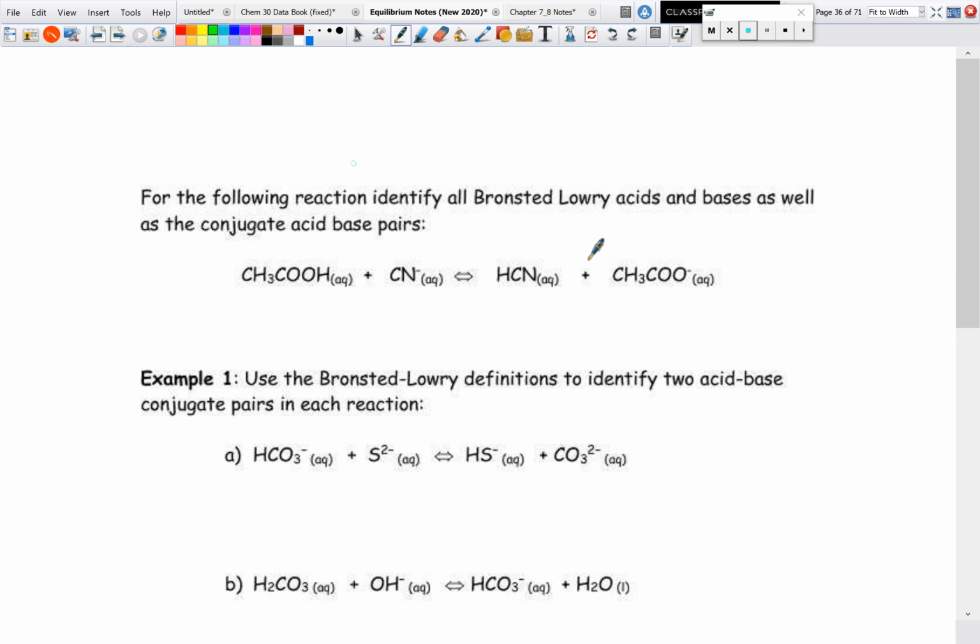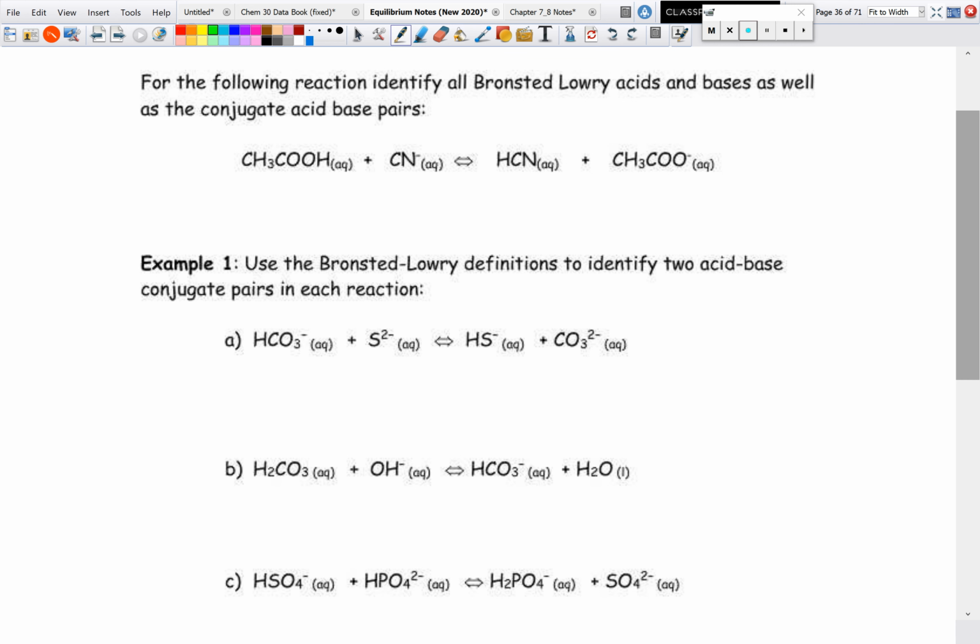Our next few examples are just predicting or writing everything in. We're going to define things as acid, base, conjugate acid, and conjugate base based on the reactions. For example, in our first one here, we've got acetic acid and cyanide ion in the forward reaction. We can tell by looking over here, the hydrogen is leaving the acetic acid and going to the cyanide. So that's our acid, and this is our base.